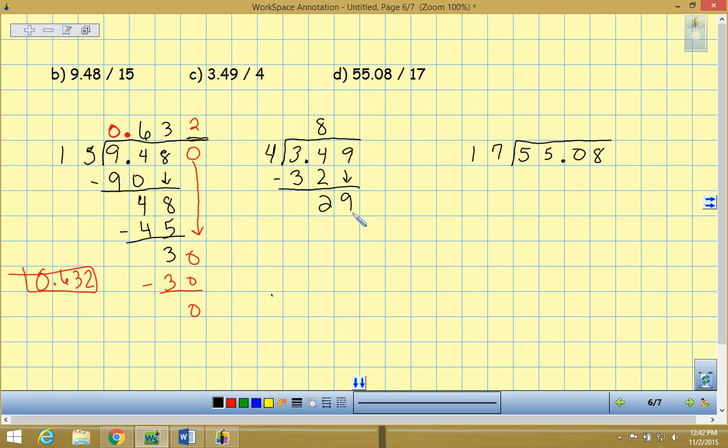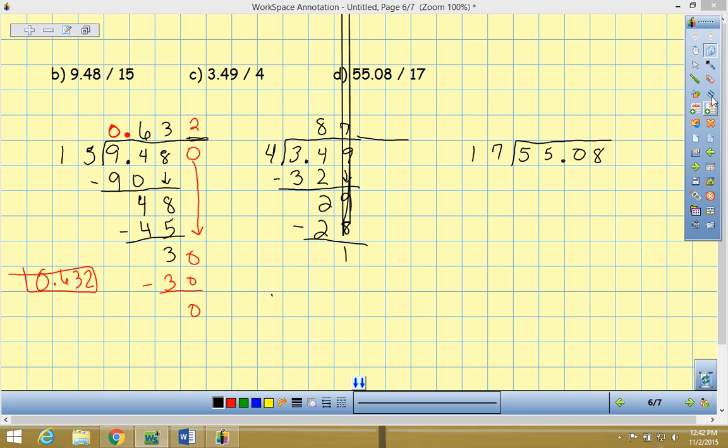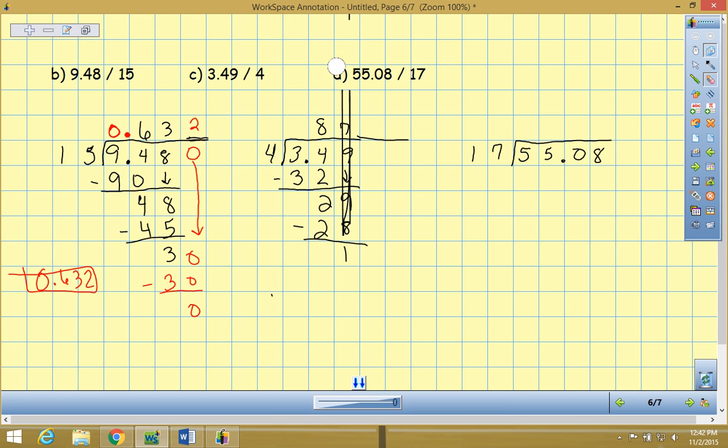How many times can 4 go into 29? 7. 7 times 4 is 28. What's 29 minus 28? 1. So this was a 7.